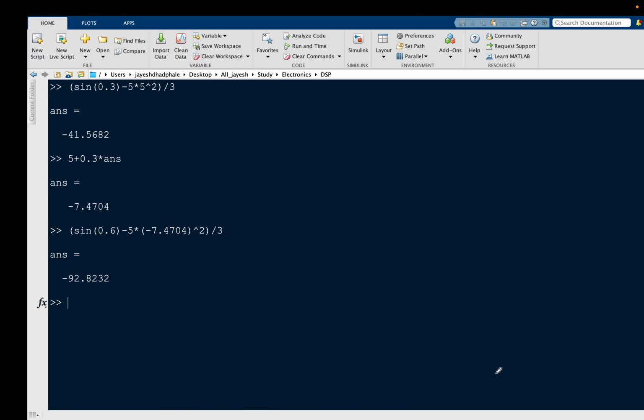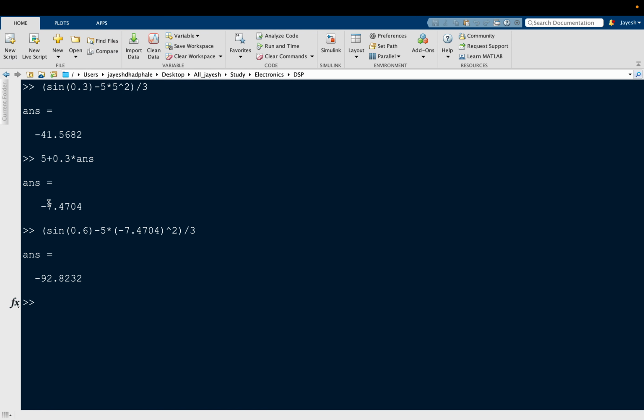If we do this calculation, plus 0.3 into minus 92.8232. So this is the answer, the value of y2 is minus 30.31.